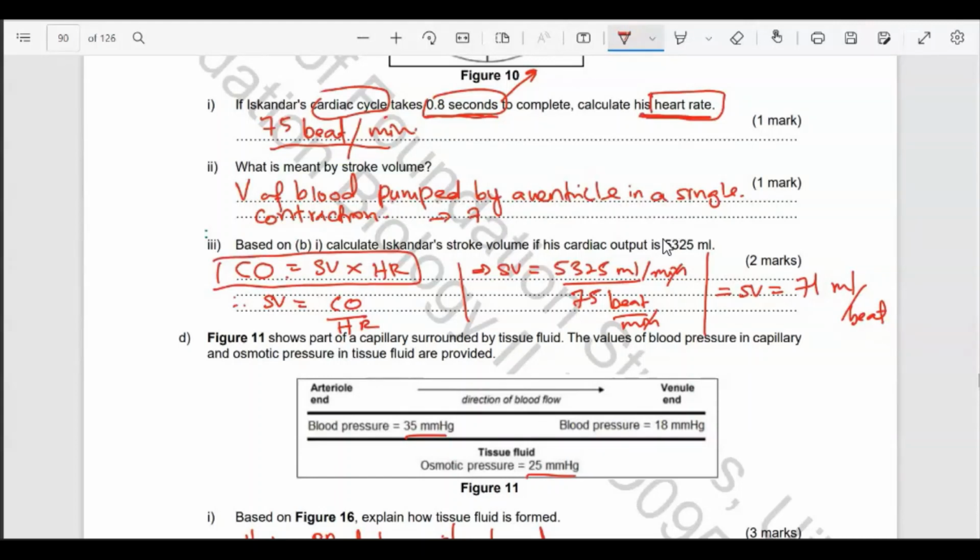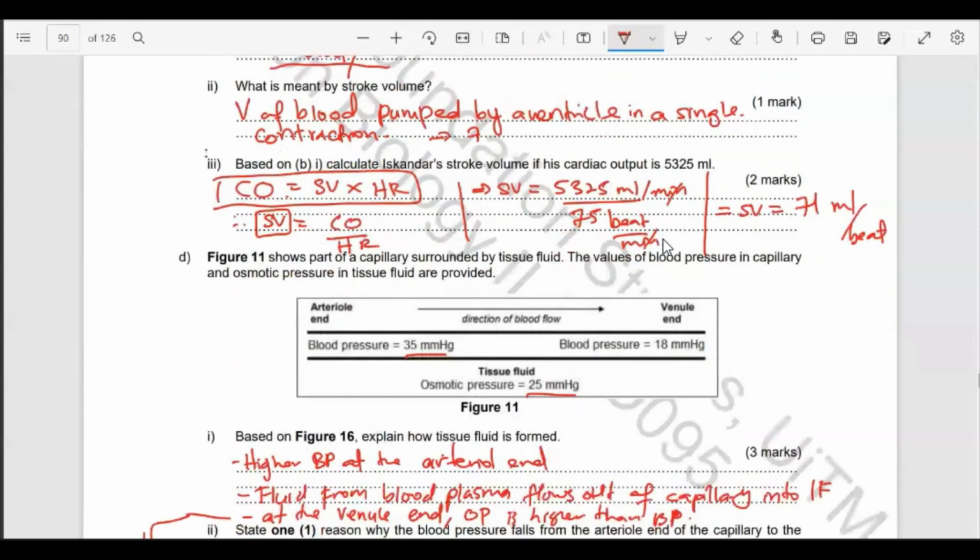Therefore, when you want to determine the stroke volume, cardiac output divided by heart rate. So 5,325 milliliter of blood pumped per minute, divided by 75 beats per minute. So this gives 71 milliliter per beat.